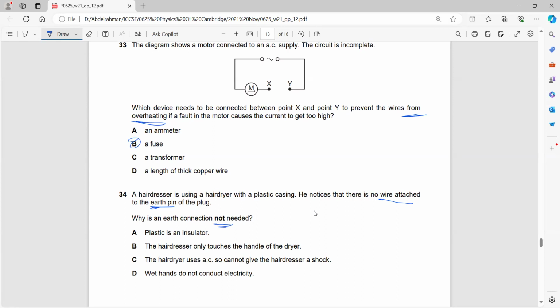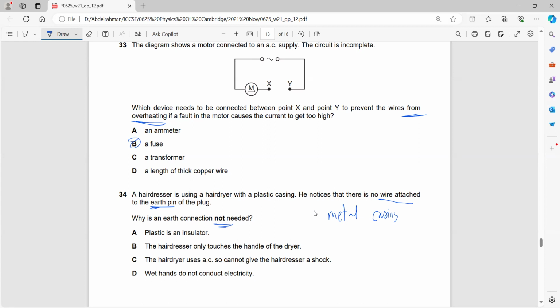When do we actually use earth connections? We usually use earth connections when there is a metal casing. Because if you touch the metal, you can get electrocuted if the metal casing is live.